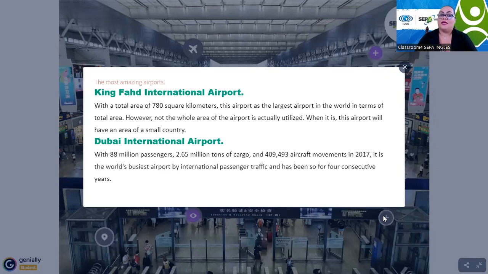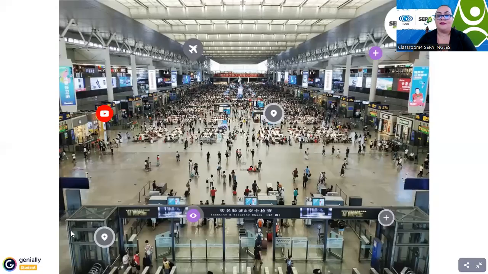Oh my God, 88 million passengers and 2.65 million tons of cargo. Really, really big. Dubai is another way.